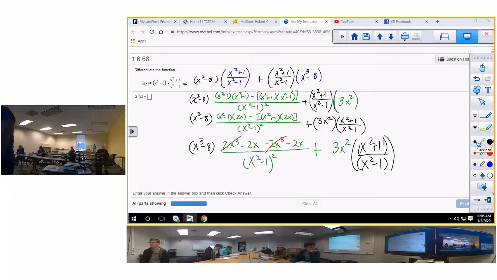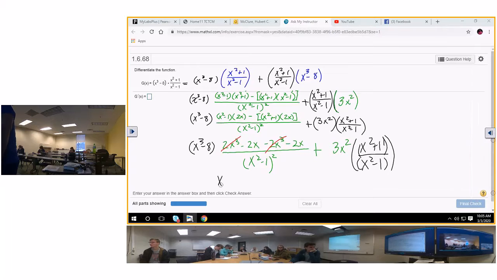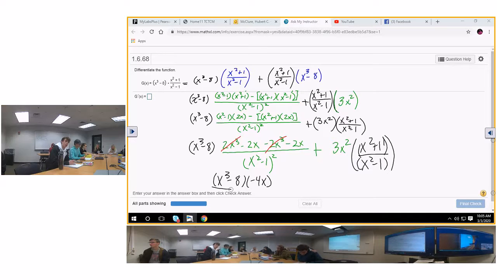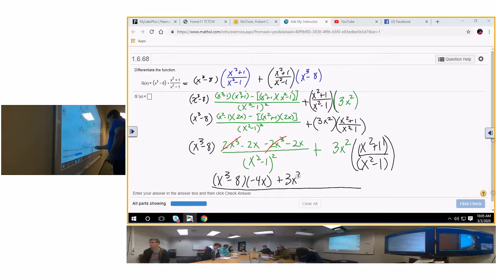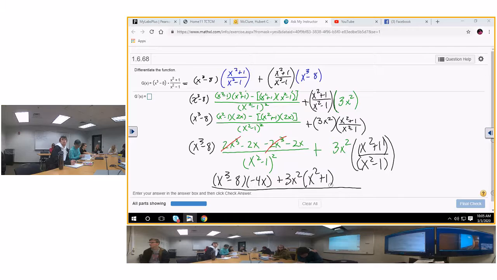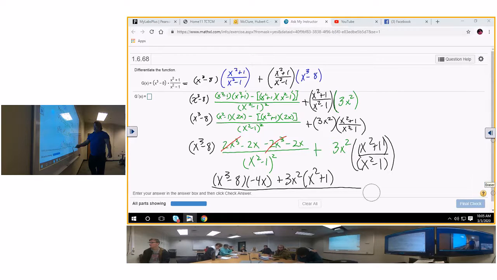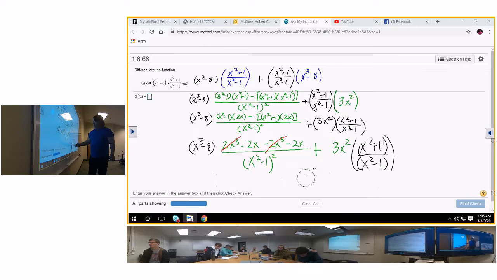So that's going to be x cubed minus 8 times negative 4x plus 3x squared times x squared plus 1. I was going to get a common denominator. Let me just go ahead and rewrite it. I was trying to do 2 things at once. I better not do that.